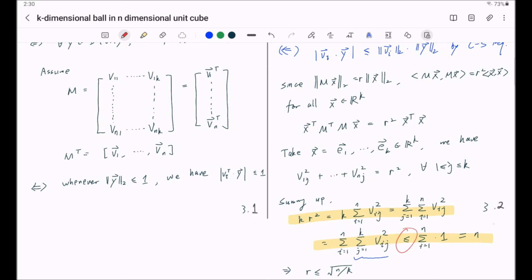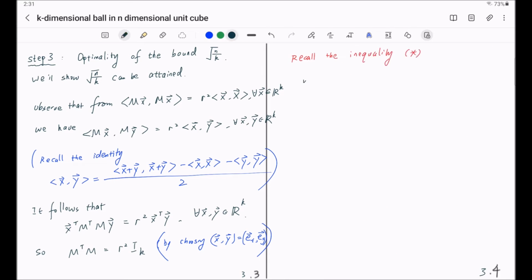So let me write down what I said. First, let me mark this inequality with an asterisk. R squared times k is equal to n, or R is equal to the square root of n divided by k, if and only if the 2-norms of the v_i are all equal to 1. But we can also rewrite this using matrix M. What does this mean in terms of the matrix M?